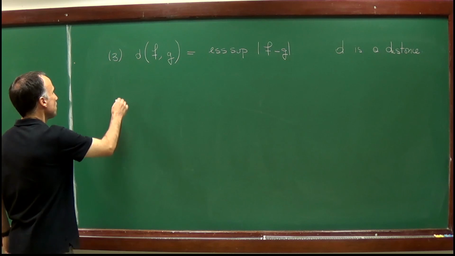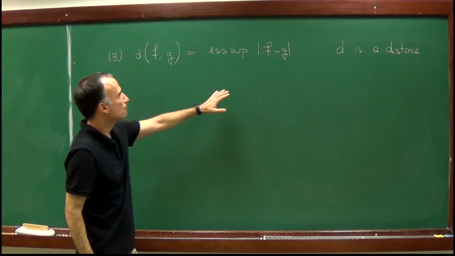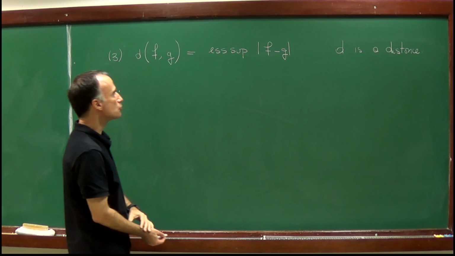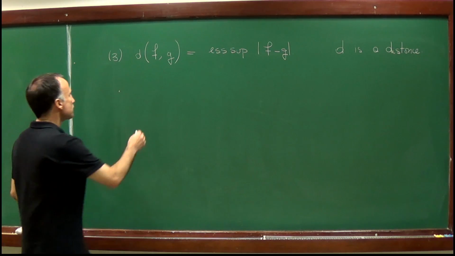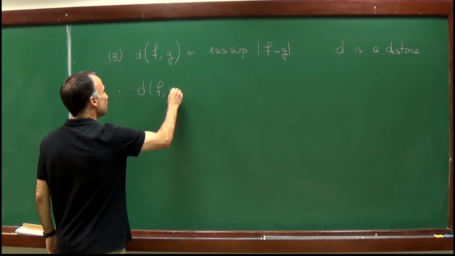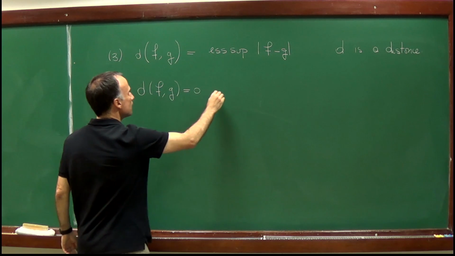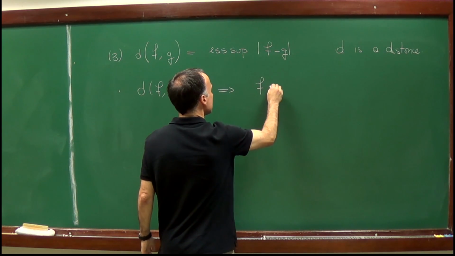Well, of course, d is symmetric. In our definition of the essential supremum, we have a symmetry. So let me prove that if d of f and g is equal to 0, then f is equal to g almost surely.